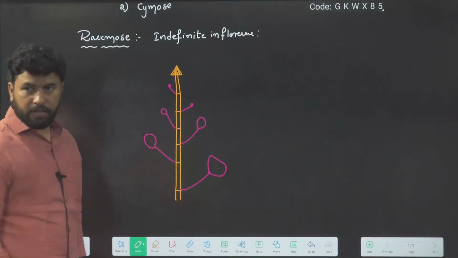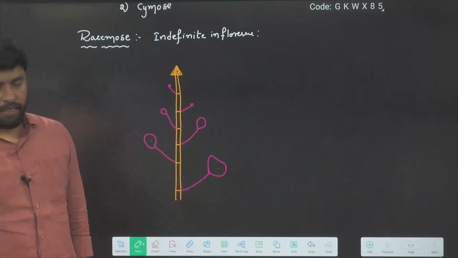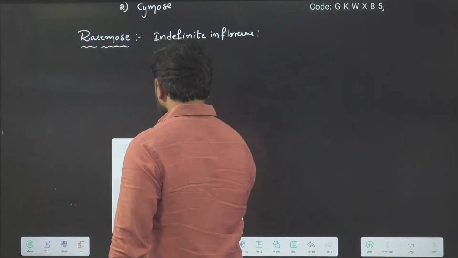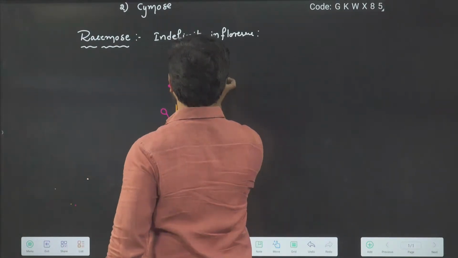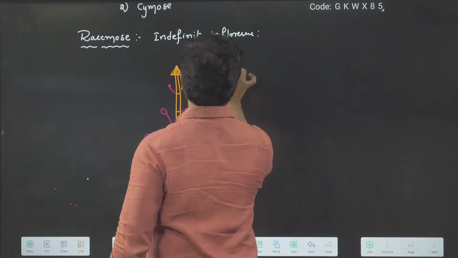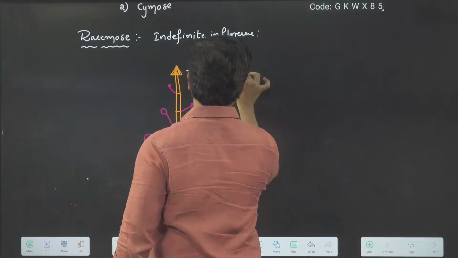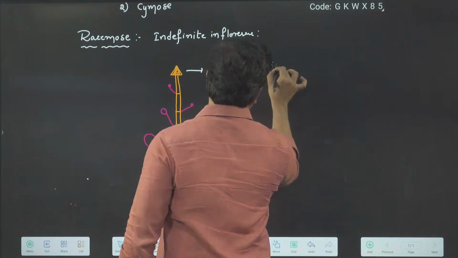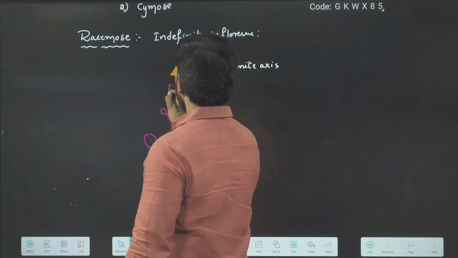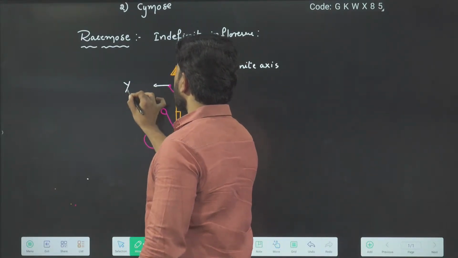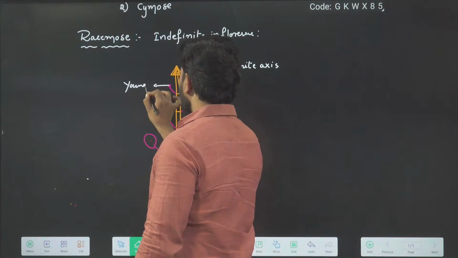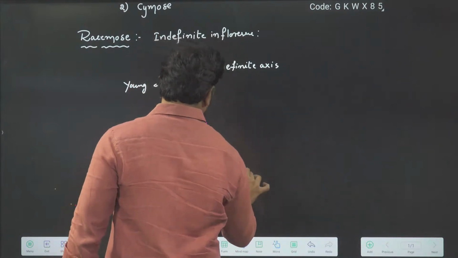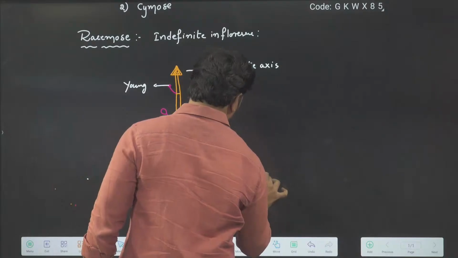Look at this. Flowers are produced in this order. This is the peduncle or axis. This is called the indefinite axis. On the indefinite axis, this flower is the youngest one, only now produced. This flower is the oldest one.